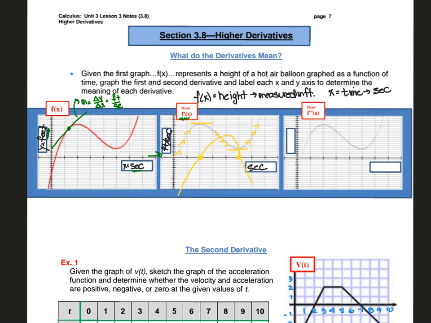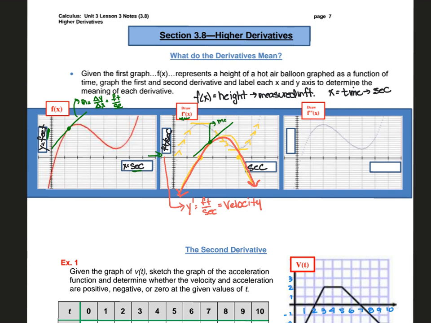So when we graph our function, it would look something like this. Now, this is my first derivative graph, which is measured in feet per second, which is what we call the velocity graph.